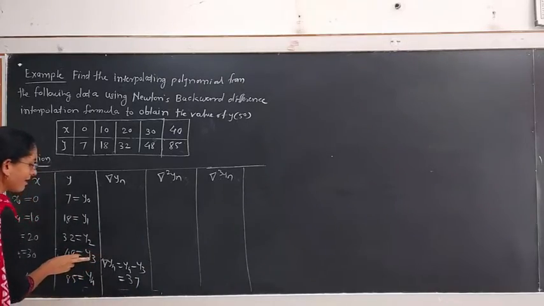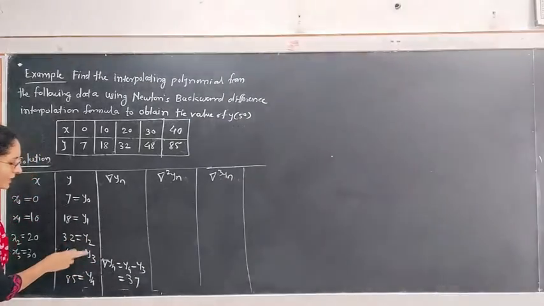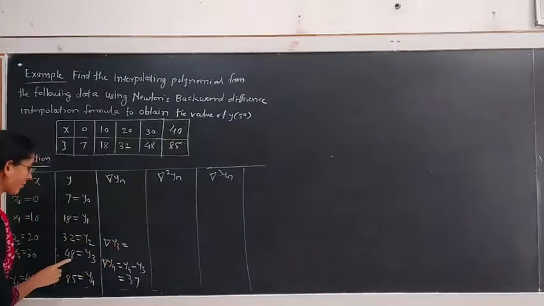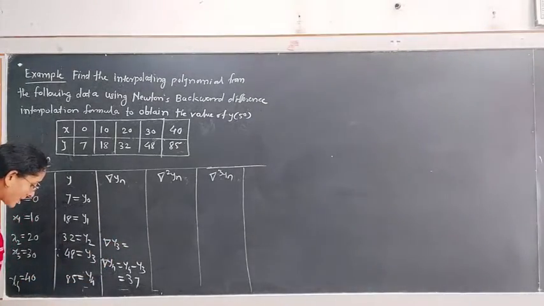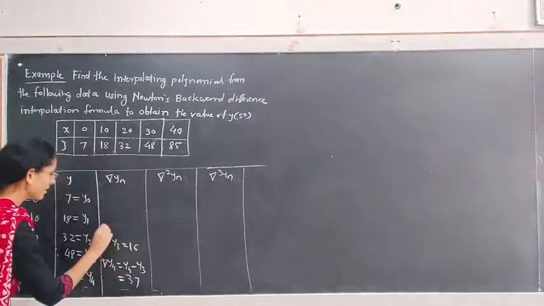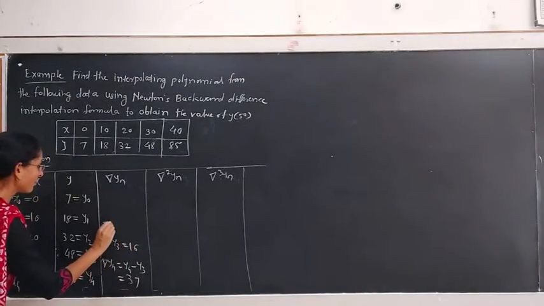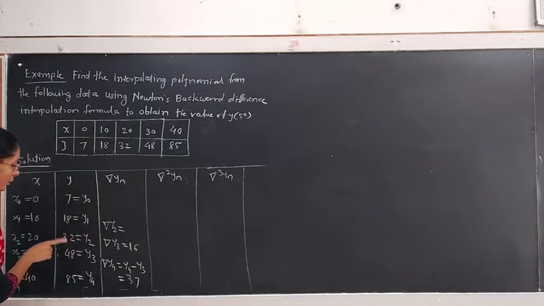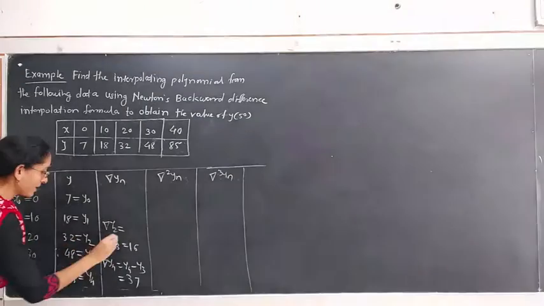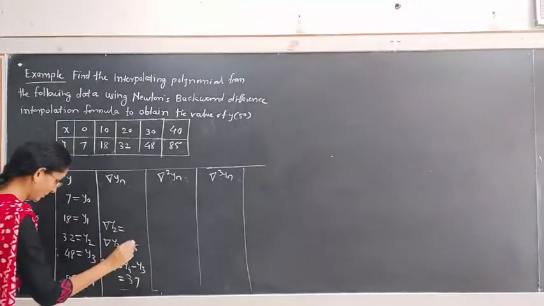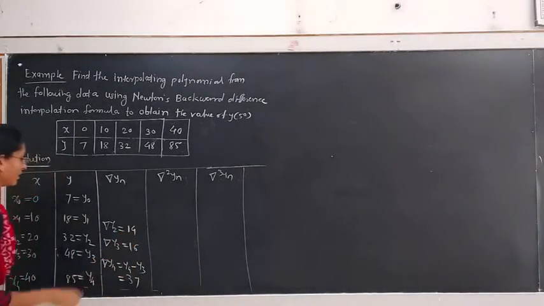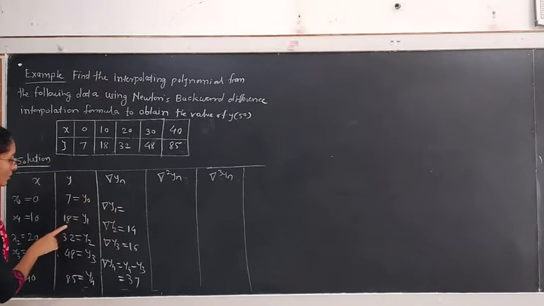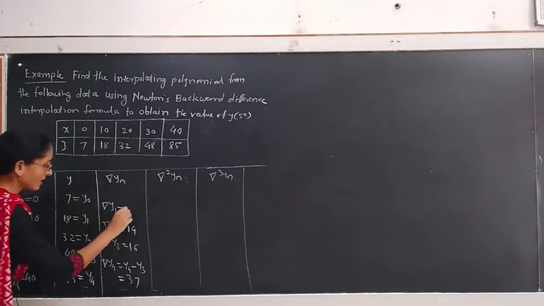Next we get del y3, that is y3 minus y2, which is 48 minus 32, which is 16. Next we get del y2 is equal to y2 minus y1, 32 minus 18 is 14. Then del y1 is y1 minus y0, that is 18 minus 7, which is 11.